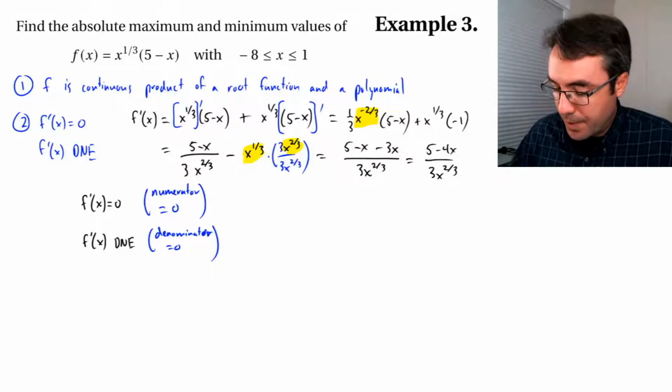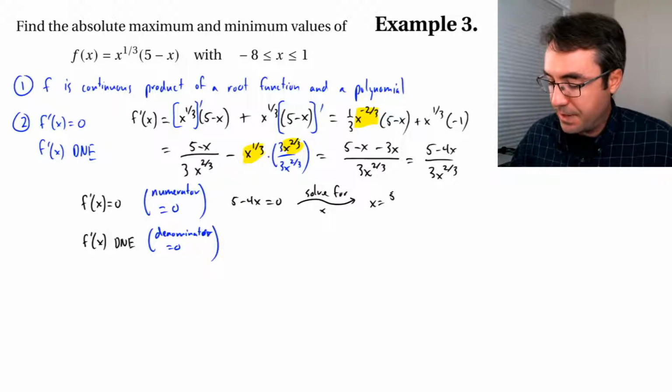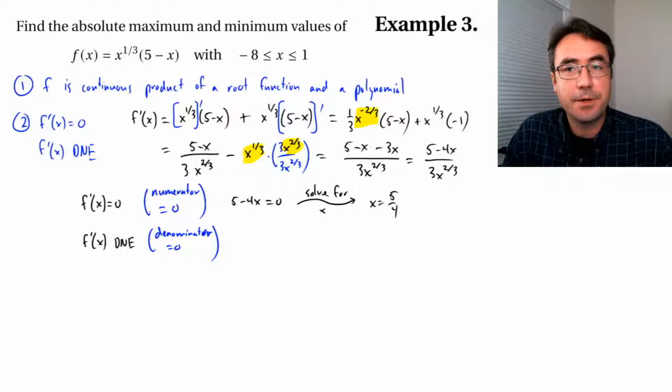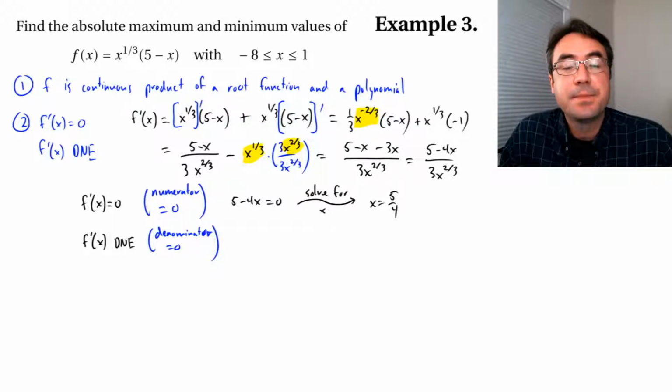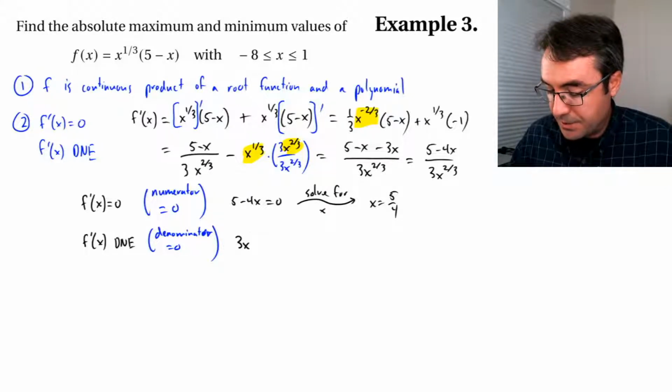So we take our numerator, which is 5 minus 4x, we set that equal to 0, and if we solve, we get x is equal to 5 over 4. So that's from the numerator. Then to figure out where f prime is undefined, we set the denominator term, 3x to the 2/3 power, equal to 0.